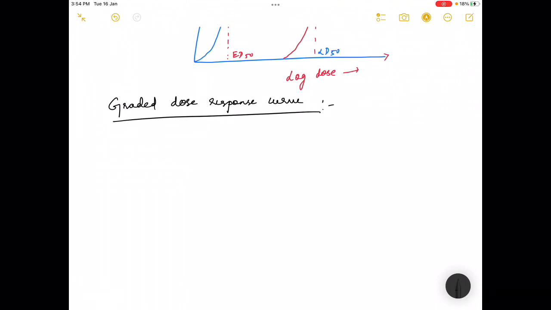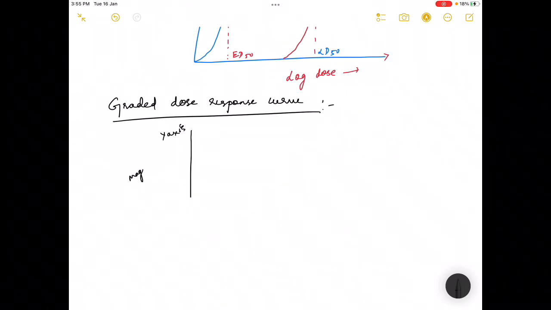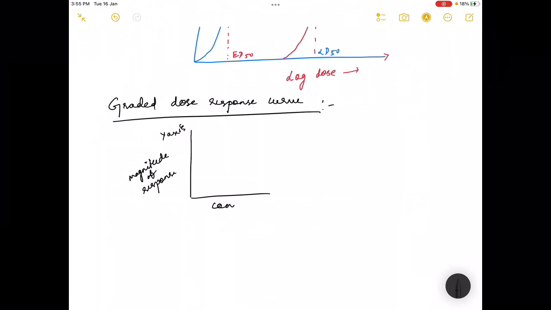The y-axis shows the magnitude of response, whereas the x-axis shows the concentration of the drug or the dose of the drug.